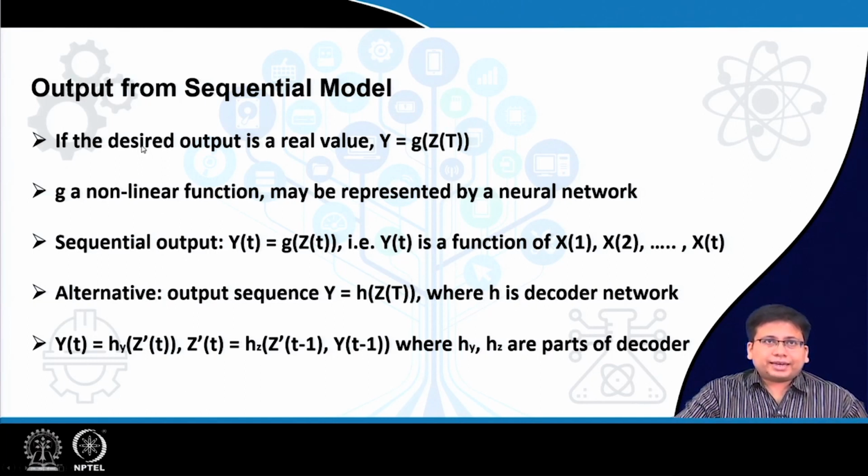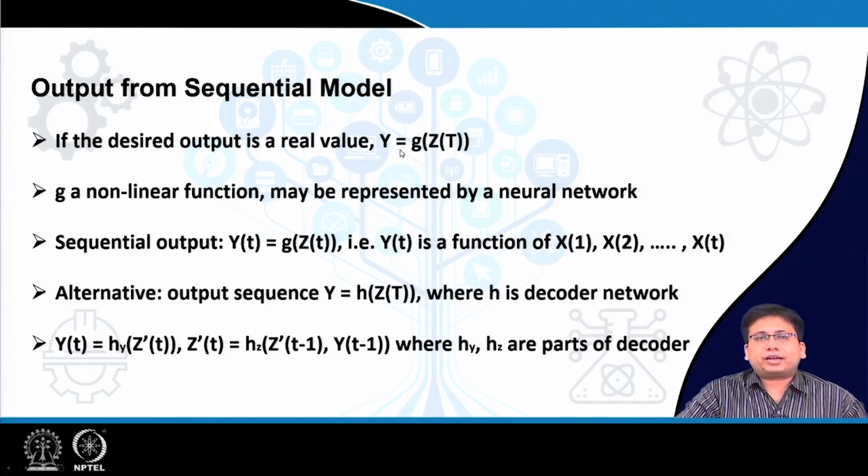Now next comes the question of output. So x is the input, z is the system state. Now what is the output? We can denote the output as y. The output can be anything, like a single real value, a scalar. That is the situation when the input is a sequence x1, x2 up to x capital T, and the output is just one value y.